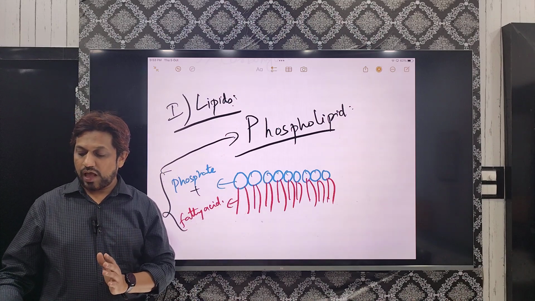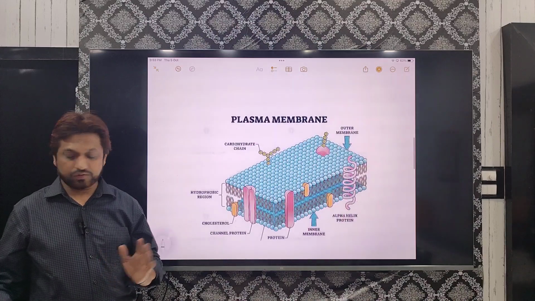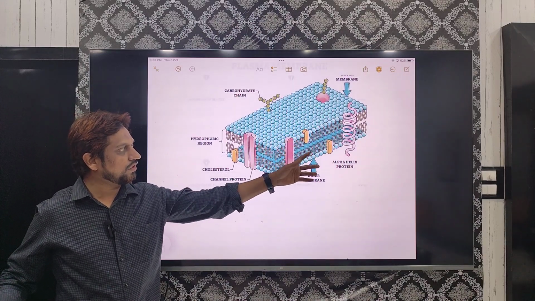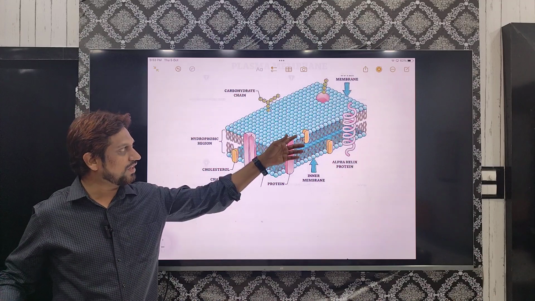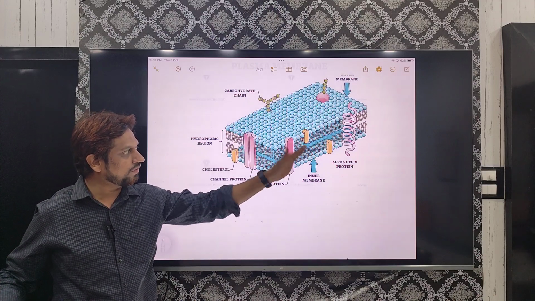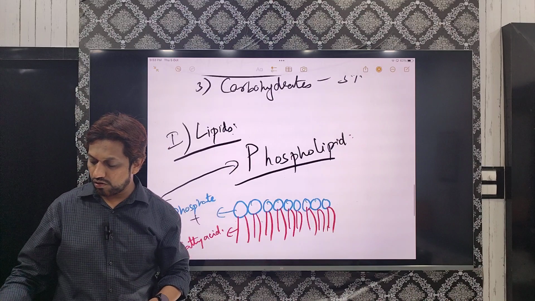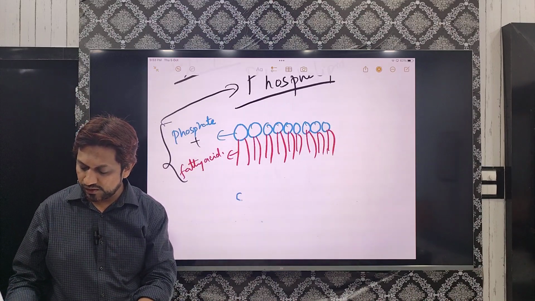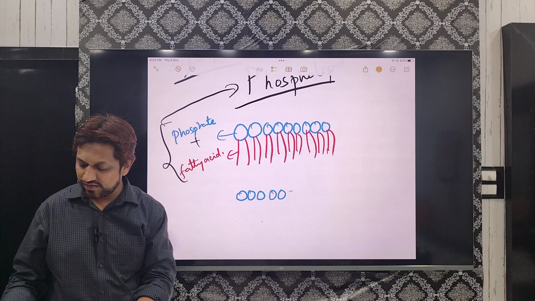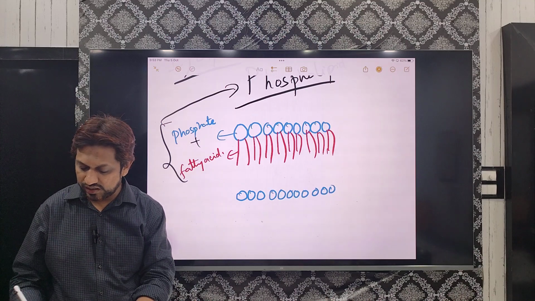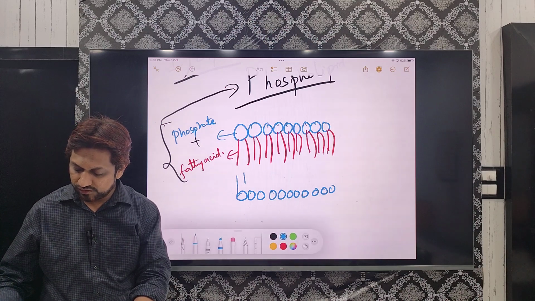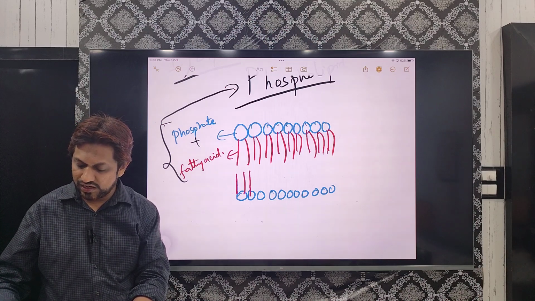Now as we have already discussed, the phospholipid layer is arranged in the form of two layers. As you can see here, this is the outer layer and this is the inner layer. So we will draw that also to understand the basic structure of the cell membrane. Again we draw the second layer, the inner layer, which again has a head end and a tail end.